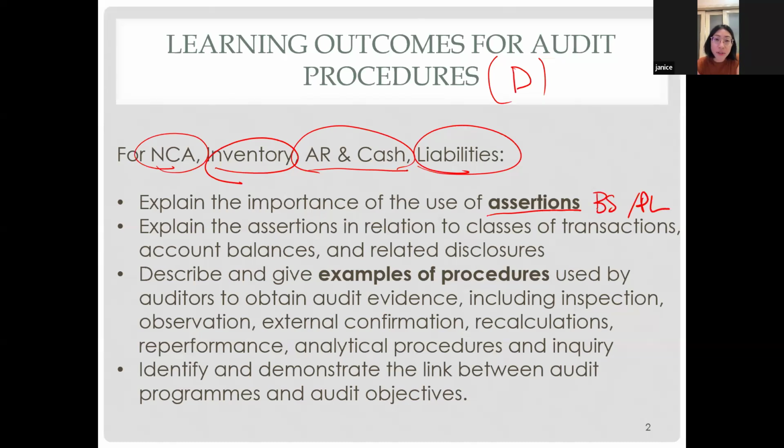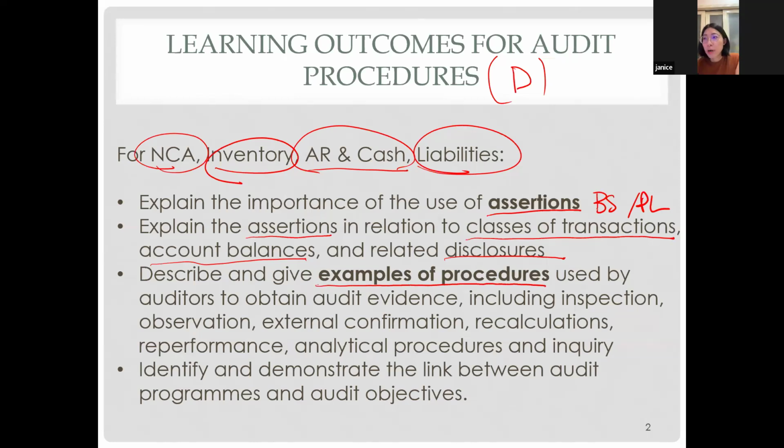Do you guys still remember that? That was from chapter 5. Since we just got the quiz, you probably still remember it. We will need to know the different assertions in relation to classes of transaction in the P&L, the account balances, and of course the disclosures. We need to understand each of these assertions in order to describe and give examples of procedures to use.